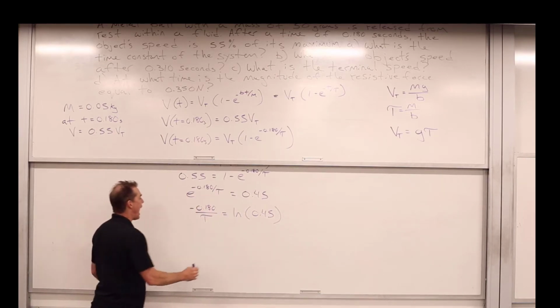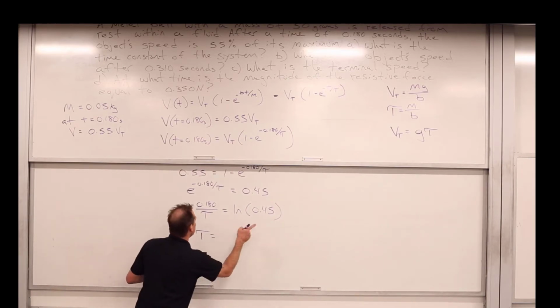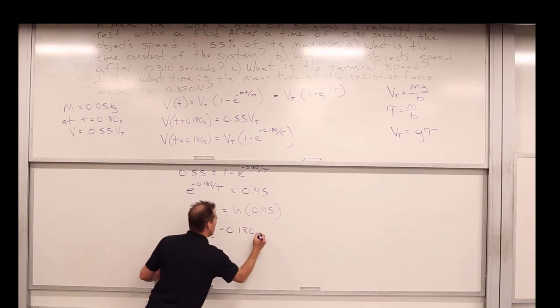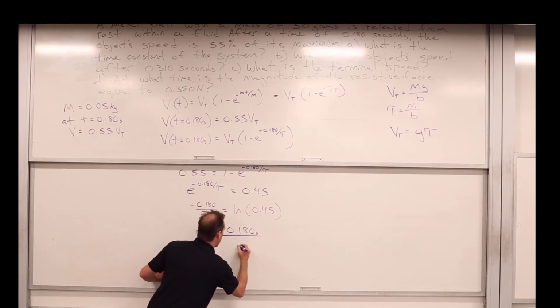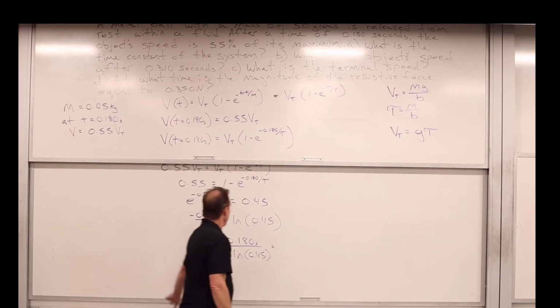And thus tau is equal to negative 0.180 seconds divided by the ln of 0.45.